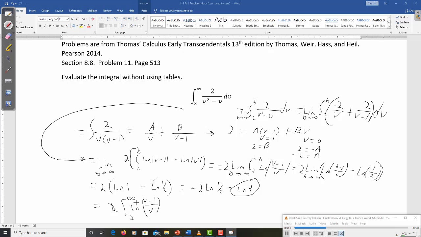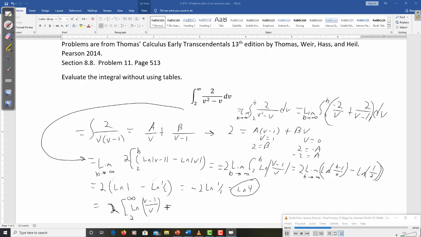Now this is not really a proper notation because you can't really plug in infinity. You can just take a limit as you approach infinity, but it's a shortcut notation for I'm going to do that, so I don't have to actually write all the limit notations, because we know as we approach infinity this fraction will go to 1 and this will go to ln of 1, so it just becomes 0.